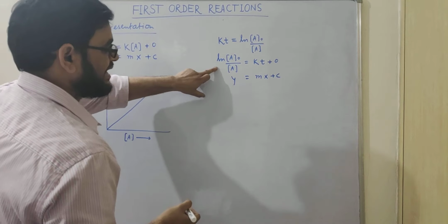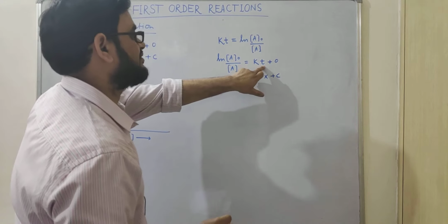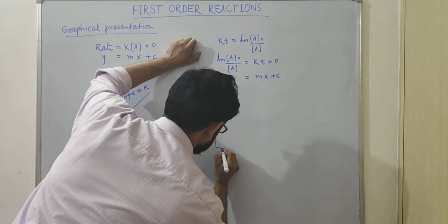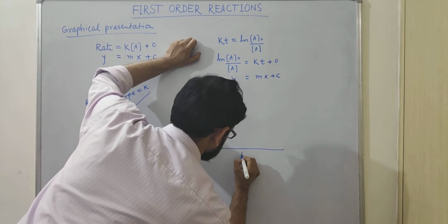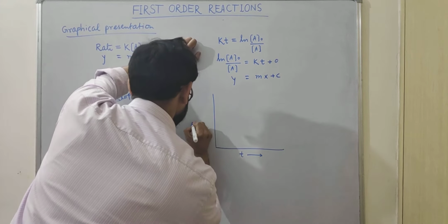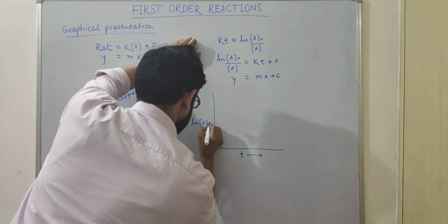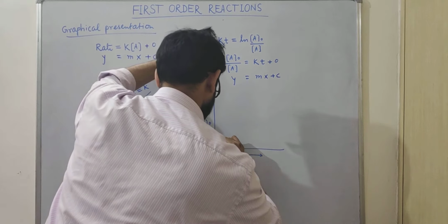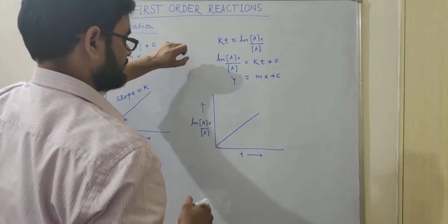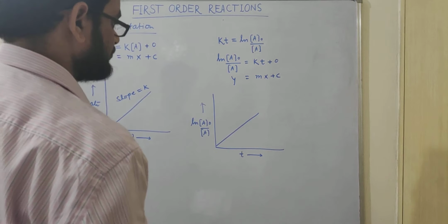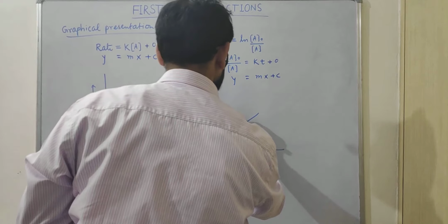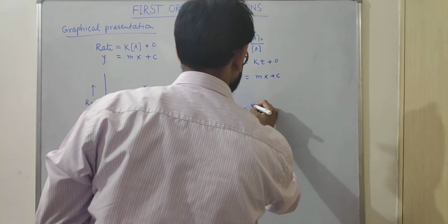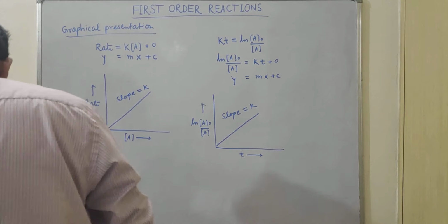So if we plot ln A0 upon A against different time intervals t, we will get a straight line starting from 0 where slope will be equal to k.